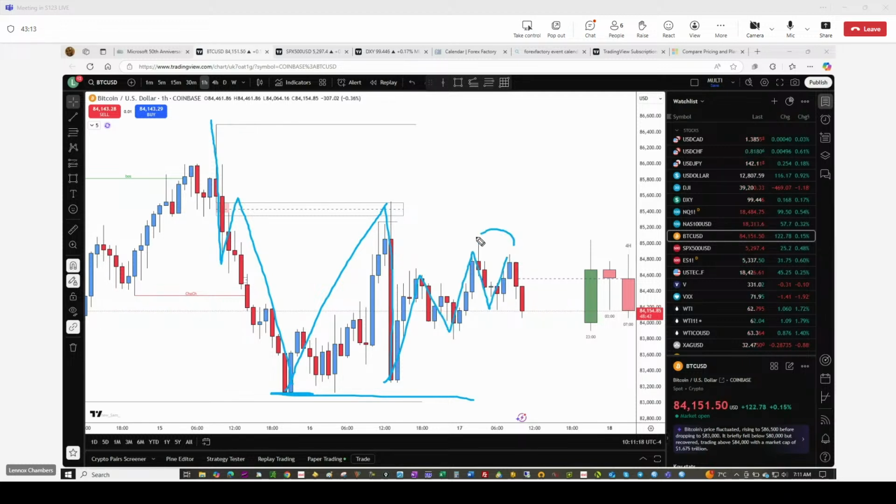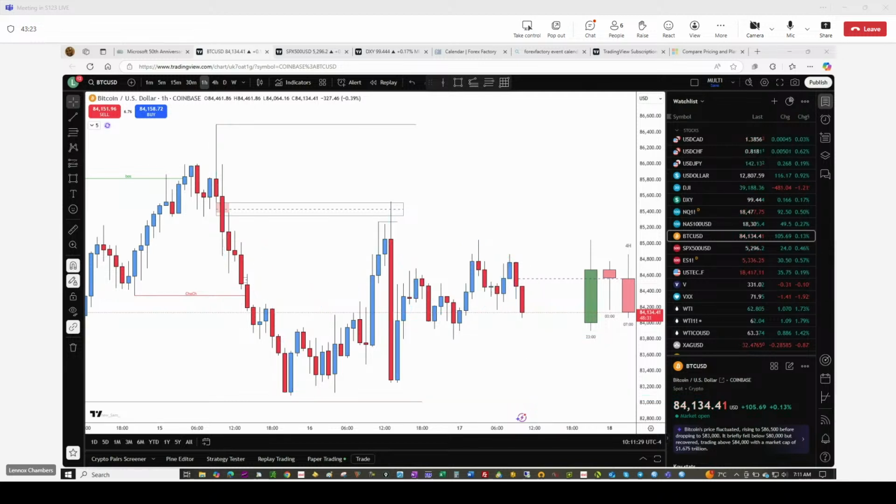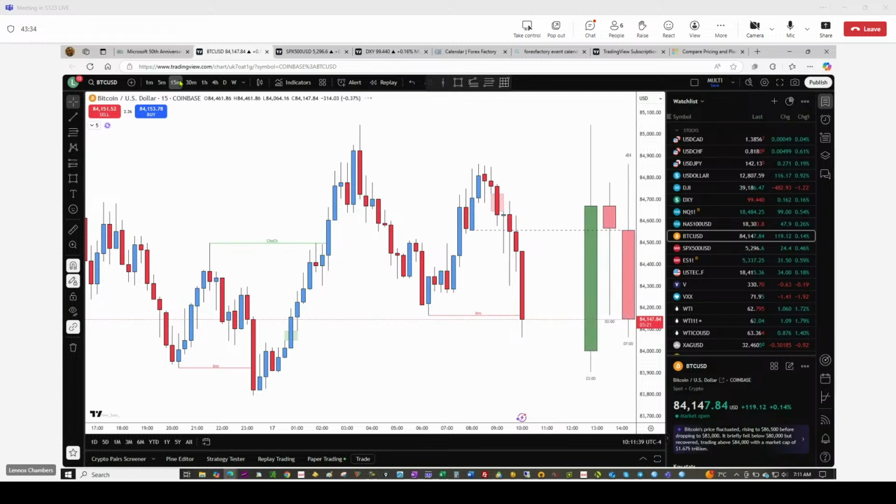So now we have another 1, 2, 3 here. So we would expect them to come down, take out these lows again. And that's what's happening. So that's what Bitcoin is looking to do, is come down and take out those lows, because the key right now is this 1, 2, 3 right here. All right, so I keep coming down, and that's what's happening.